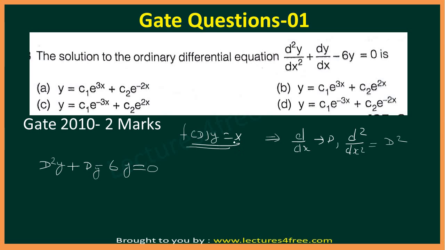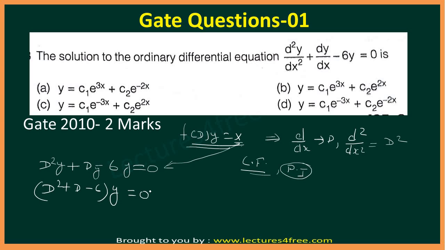Here X is 0, so in this question we have to find only the complementary function. We don't need to find the particular integral because here capital X is 0. So you can write it like D square plus D minus 6 into y is equal to 0.